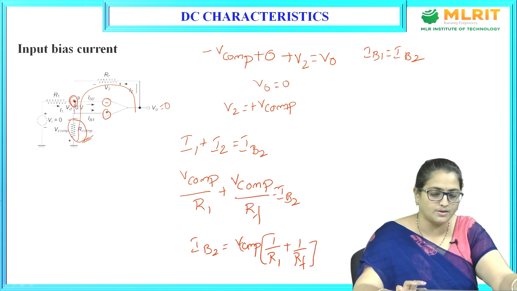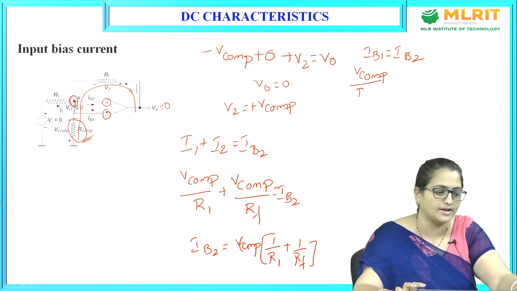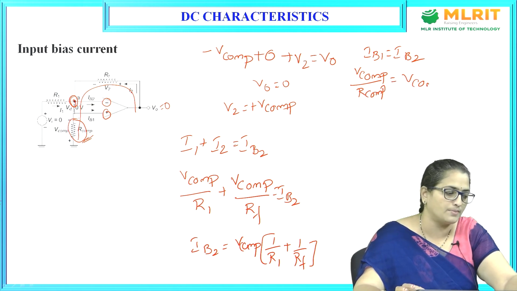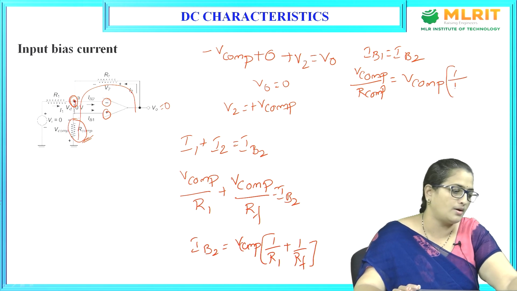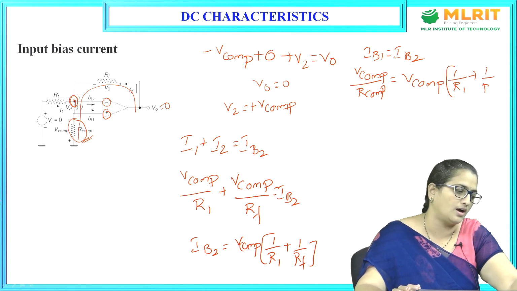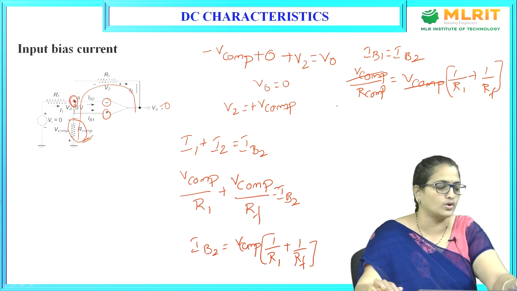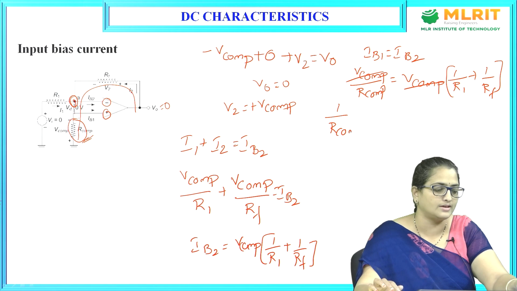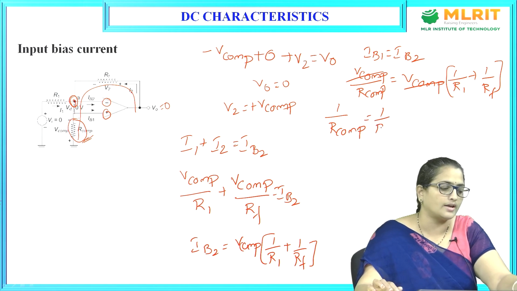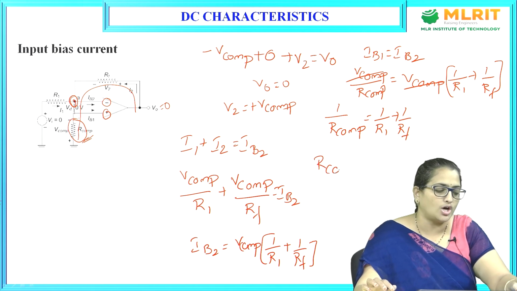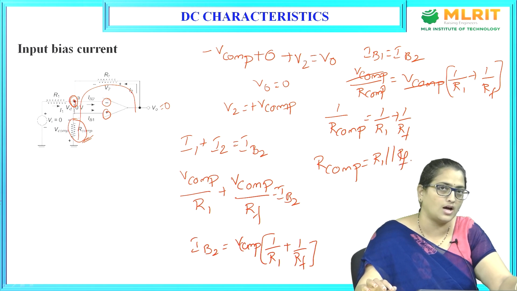So, IB1 can be given as V compensator divided by R compensator, and IB2 is V compensator into 1 by R1 plus 1 by RF. If you cancel this V compensator on both sides, you can write 1 by R compensator is equal to 1 by R1 plus 1 by RF. So, we can say that R compensator should be chosen as R1 parallel with RF.